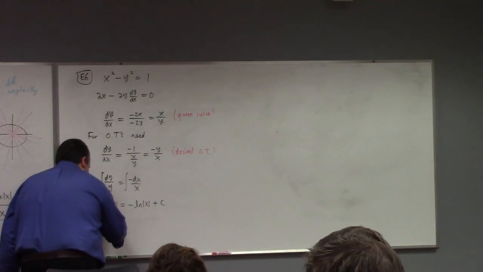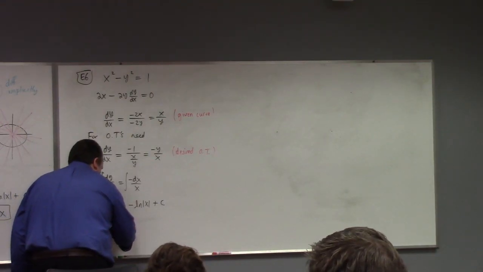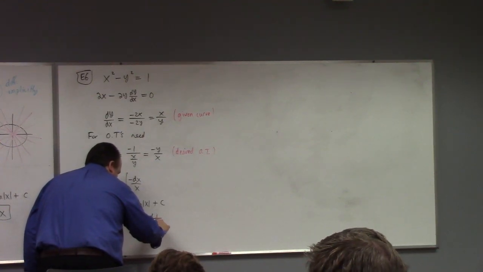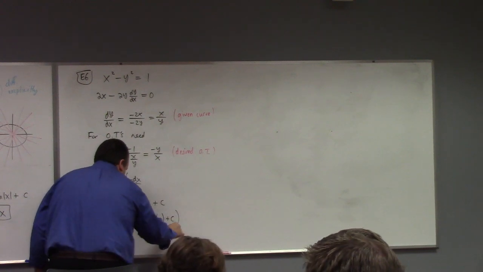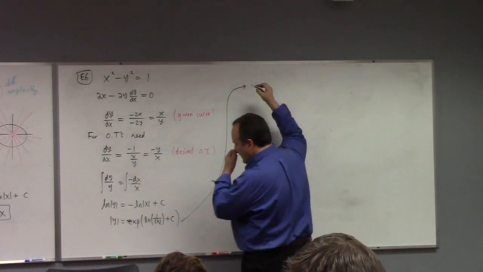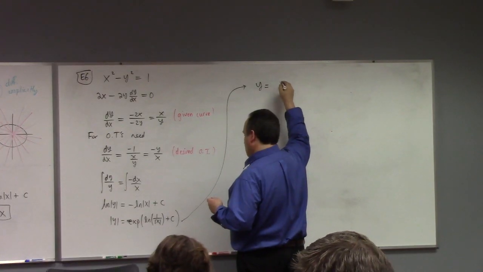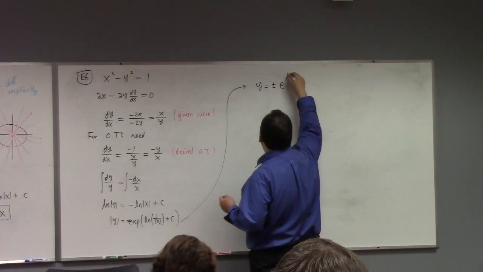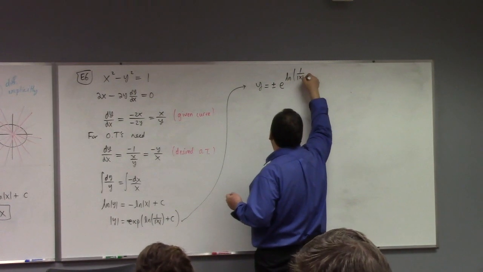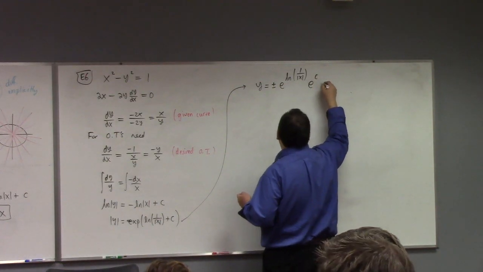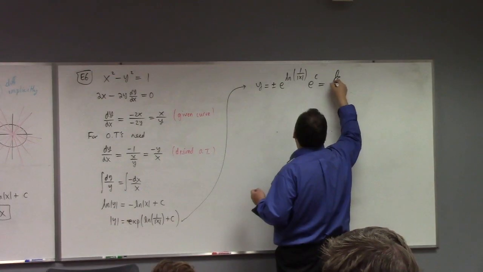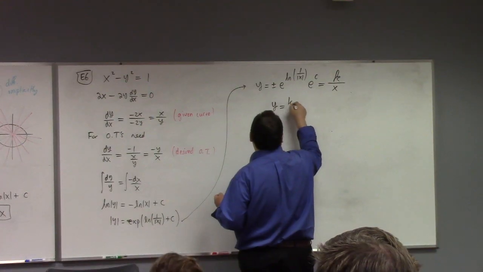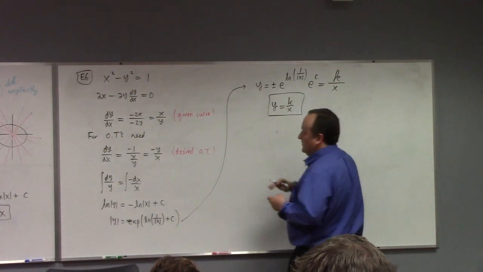So the absolute value of y is the exponential of the natural log of 1 over the absolute value of x, plus a constant, which gives me y is plus or minus e to the natural log of 1 over the absolute value of x, times e to the constant, which we could rewrite as k over x. So y equals k over x. These are the orthogonal trajectories.